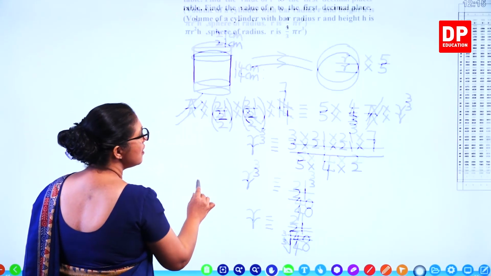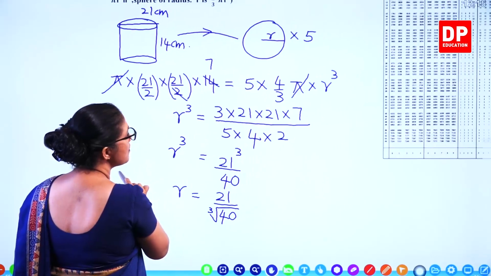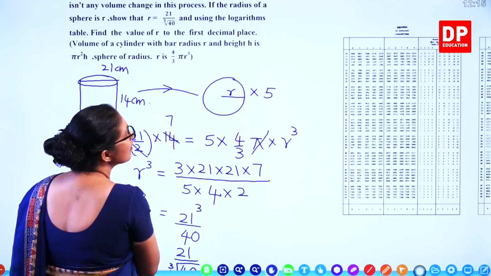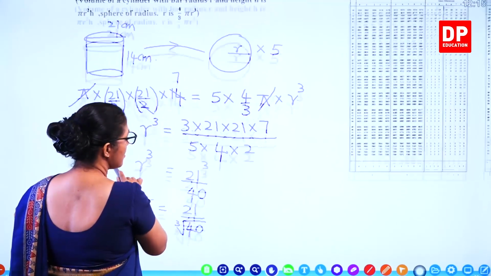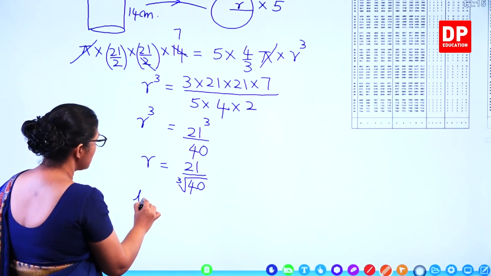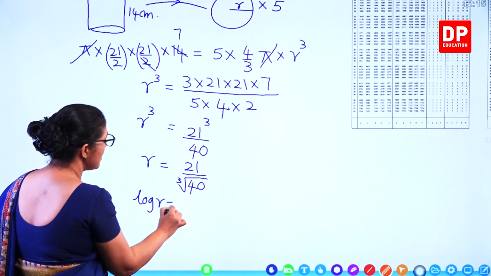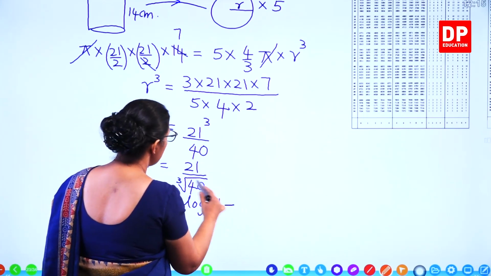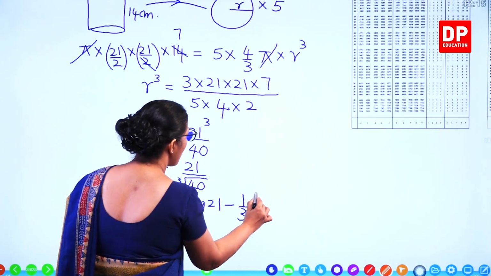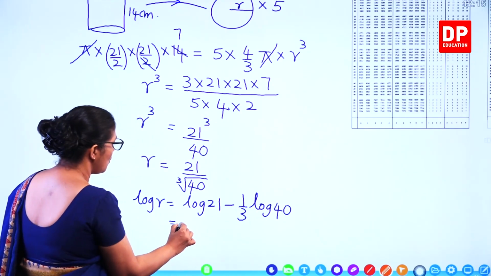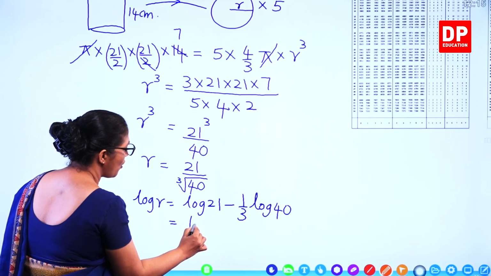So we'll use logarithms. I'll do it here. So take log both sides. Log R becomes log of 21 minus cube root means 1/3 log of 40. So log 21, that's 1 point something.